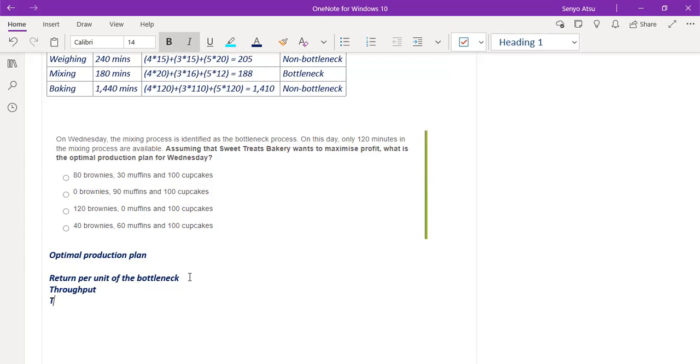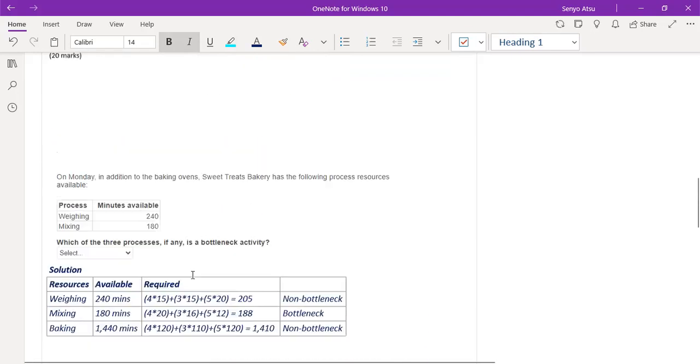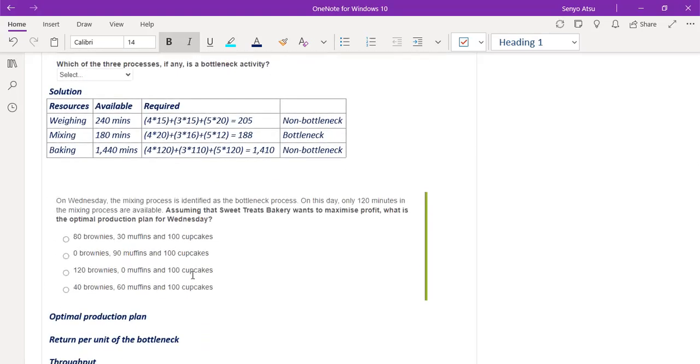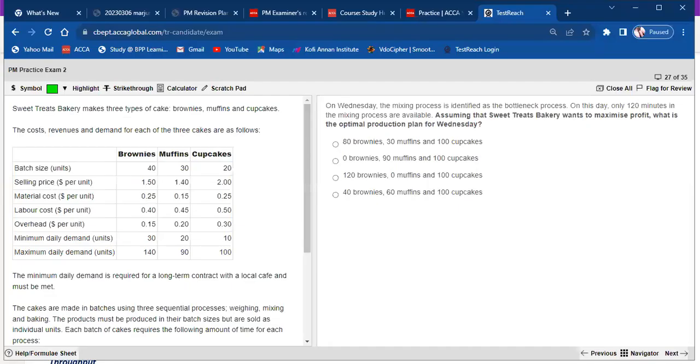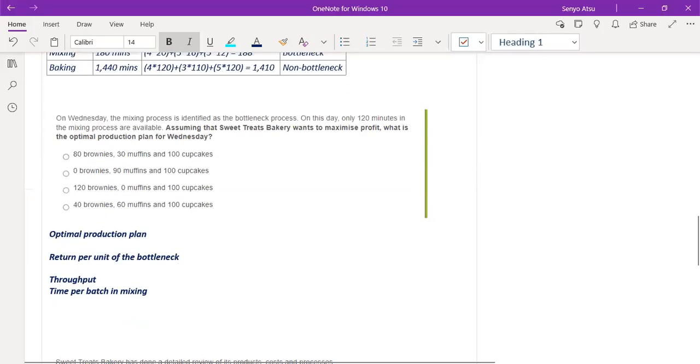I'll work out time per batch in mixing, because I'm told that is the bottleneck. So I'm going to work out this for each of my products. What are the products? Brownies, muffins, cupcakes. I'm going to rank the products based on this calculation.